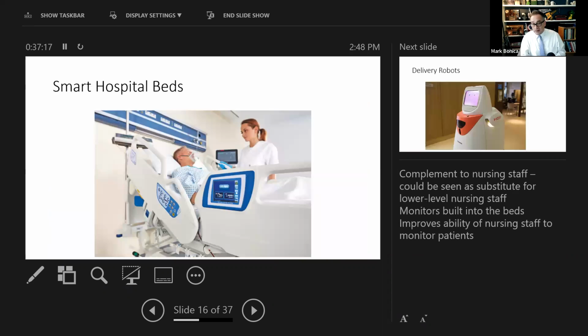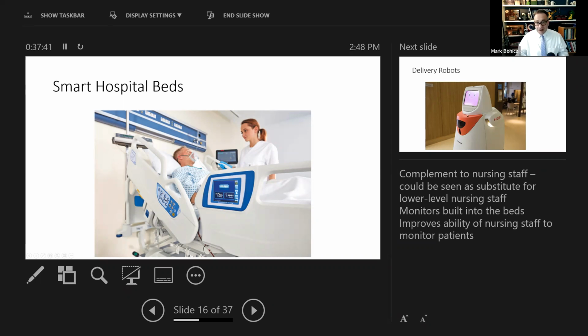Right. All right. So talking about complements for and substitutes for nursing. This is kind of a blend. Hospital beds today are amazing things, right? Depending on the level of technology, these things can run upwards of $200,000. You think, for a bed, $200,000.